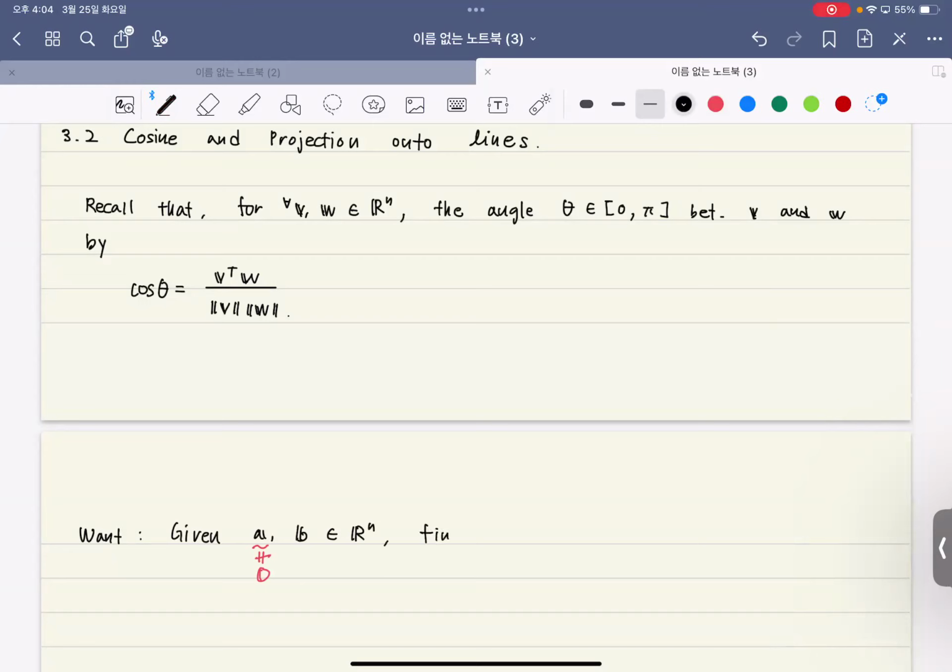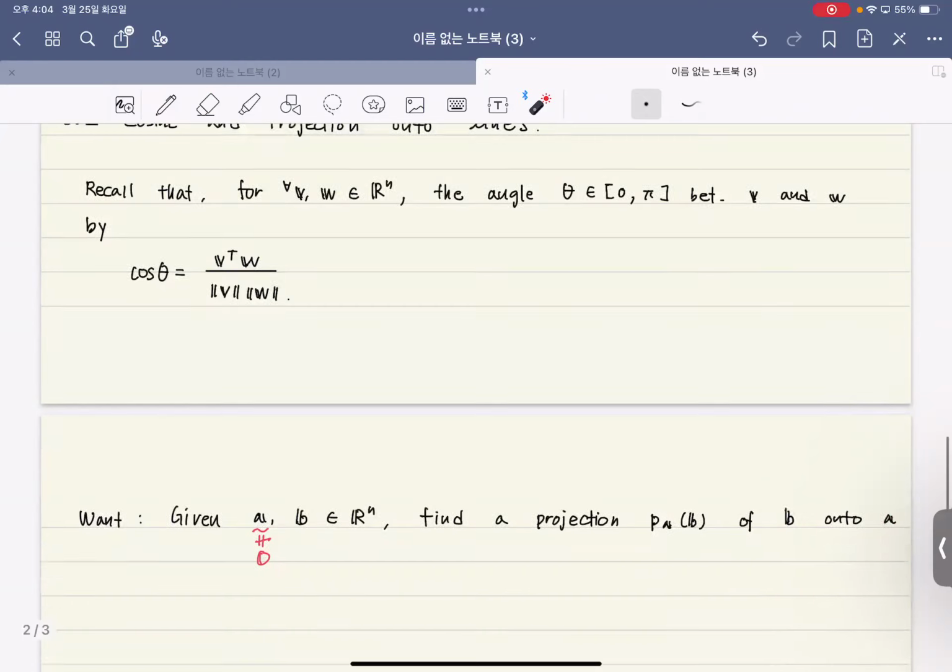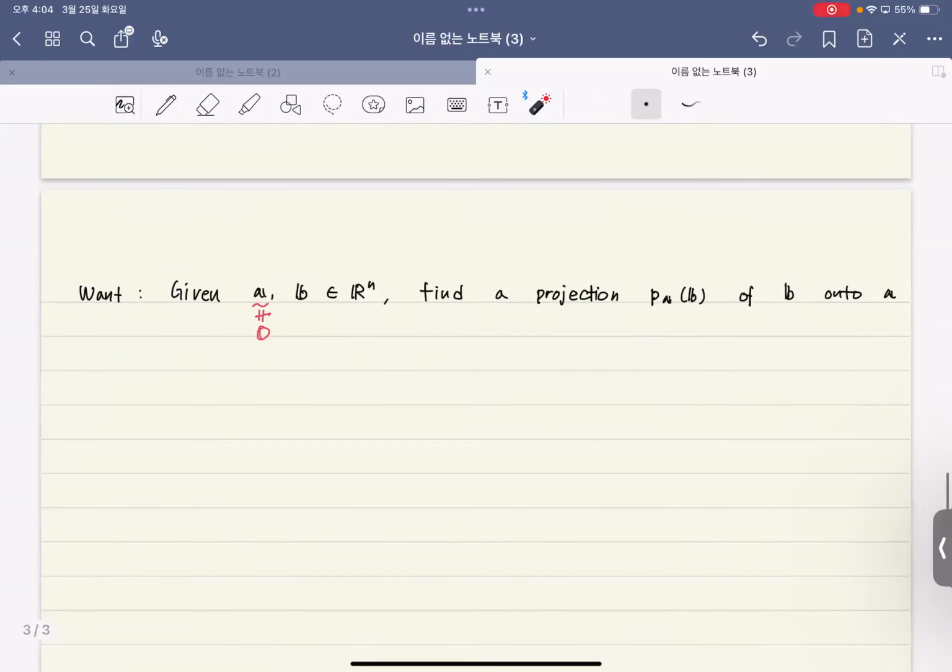And I want to find a projection, which I will denote P_A of B, of B onto A. Precisely speaking, I want to find the projection of this guy onto the span of A. So how to find such a projection?